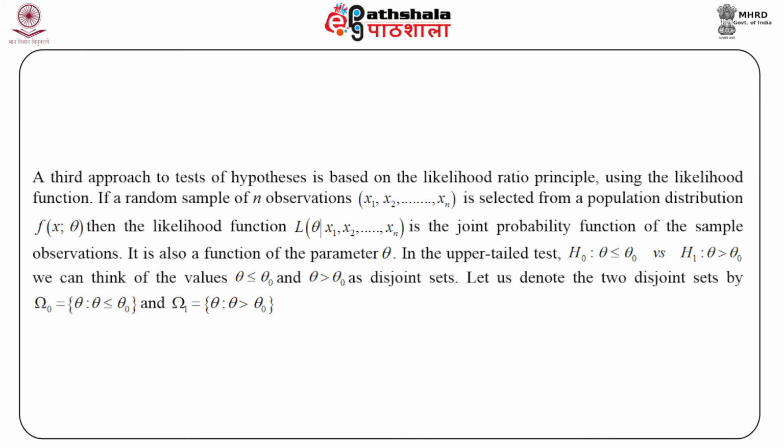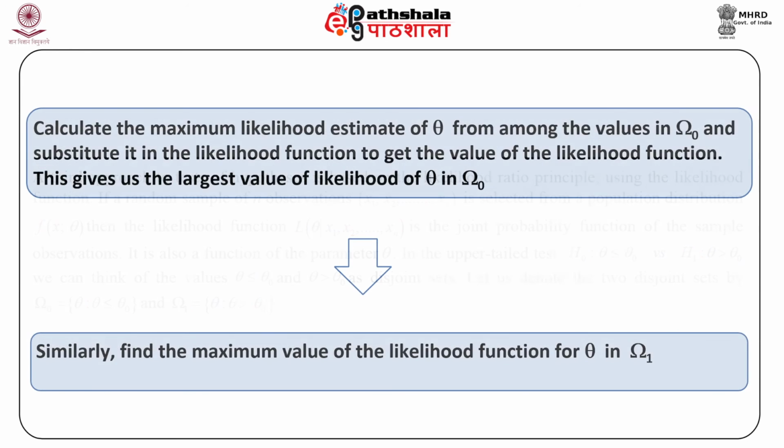So let us denote the two disjoint sets by, say, phi 0, which is the set of theta such that theta is less than or equal to theta 0, and phi 1, the set of theta such that theta is greater than theta 0. So what are the steps in this test procedure?